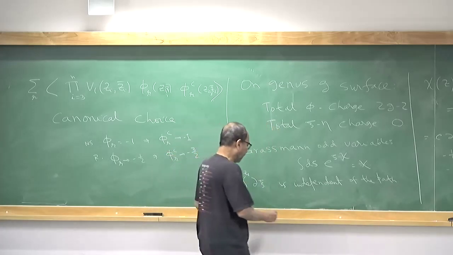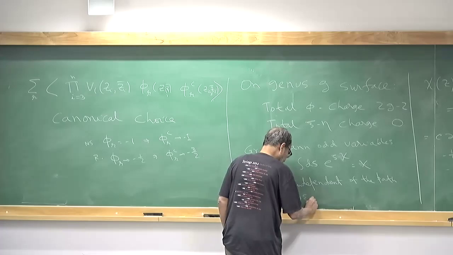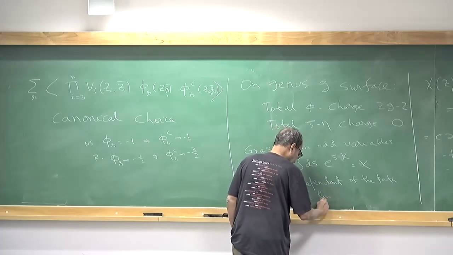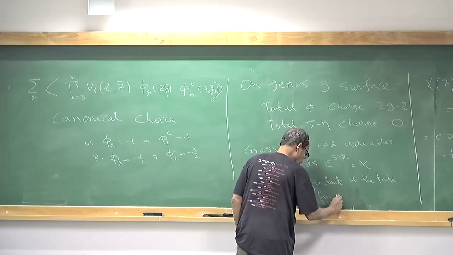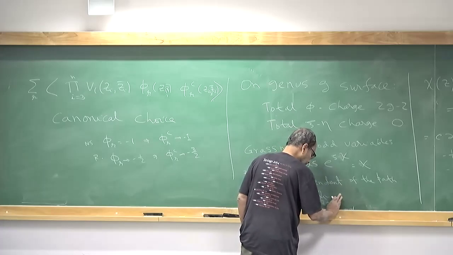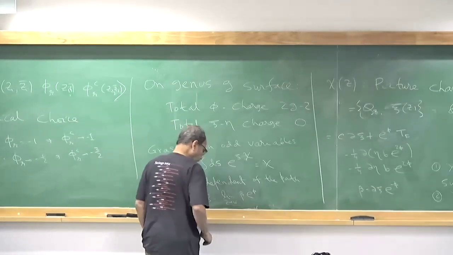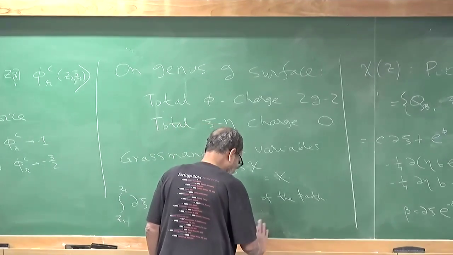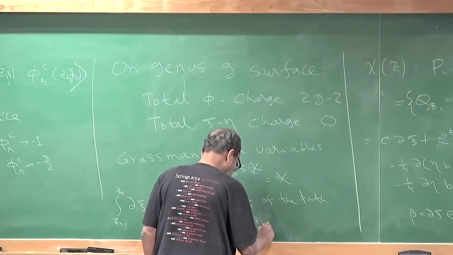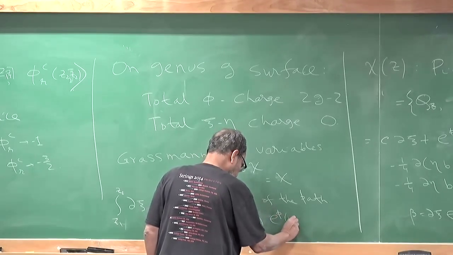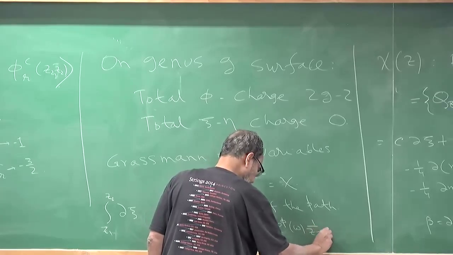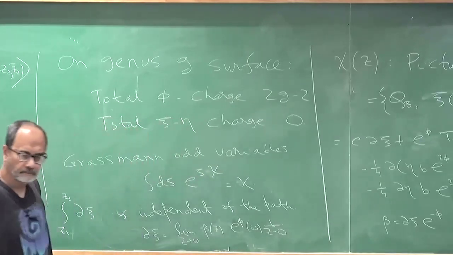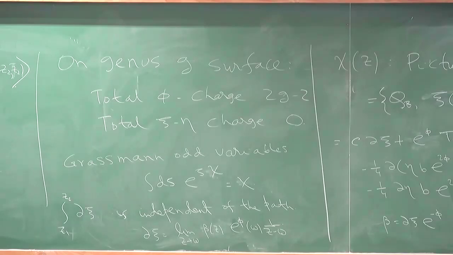But suppose we define del xi as the limit as z goes to w of e to the minus phi times eta of z, which is like beta times delta beta.